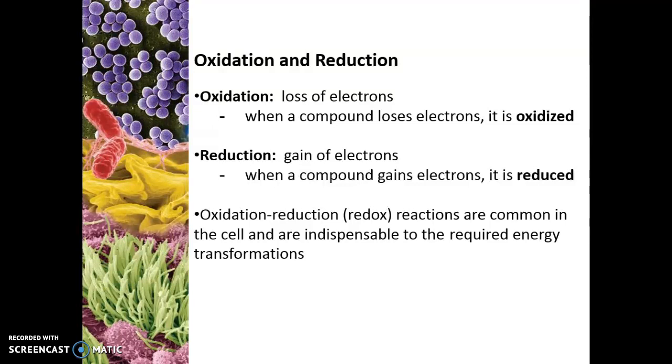And it's kind of backwards, all right? So you gain electrons, but it's reduced. Gaining and reduction are opposite of each other. But if you recall that electrons have a negative charge, you're actually reducing the overall charge by adding an extra negative to it. And that's the electron. So if a compound gains an electron, it's reduced.